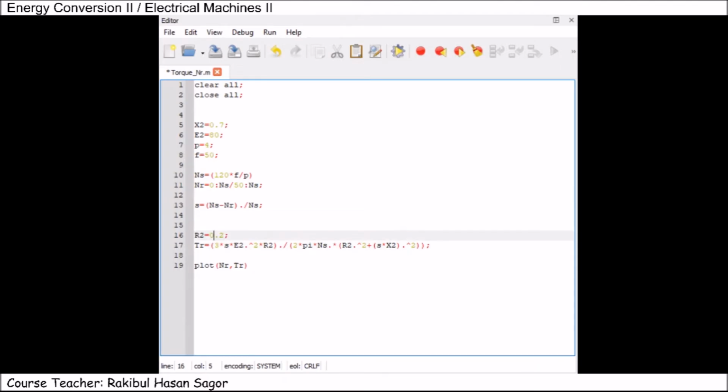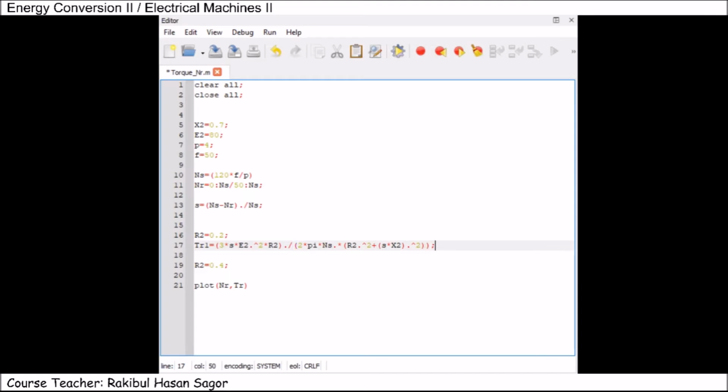And for R2 equal to 0.2, we'll plot the corresponding value for tau and we are naming it tau 1. And the same we can plot for R2 equal to 0.4. Let us increase the rotor resistance.